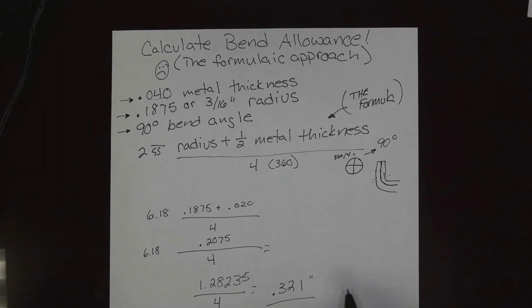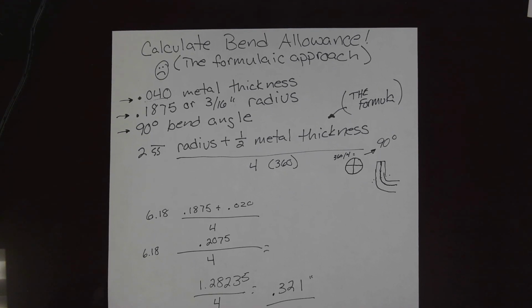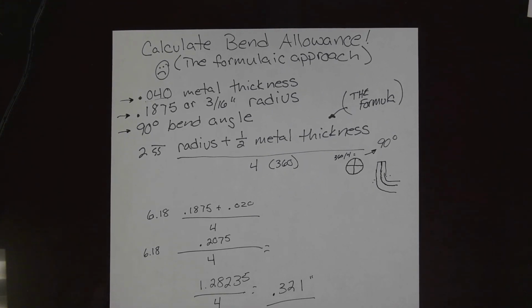Now, that's the metal that I would need to allow to make the radius in my flat layout. That would be our BA, or bend allowance, and that's how far it is between my bend tangent lines. 0.321. That would allow enough metal to make the curvature of the bend once I go to my sheet metal brake.